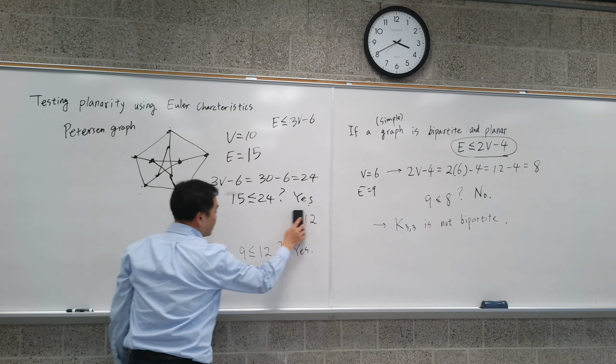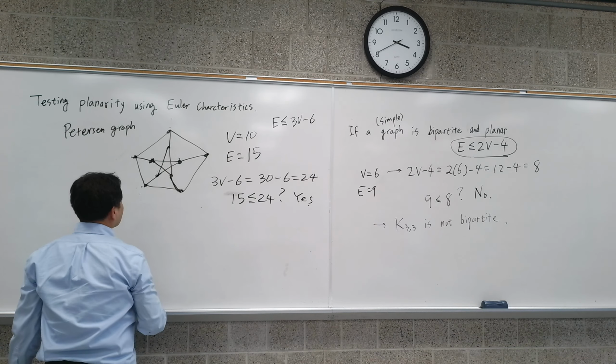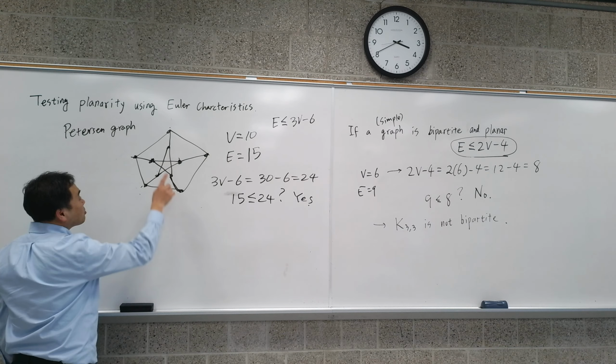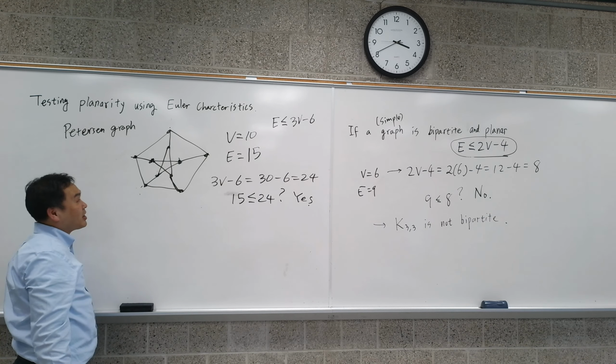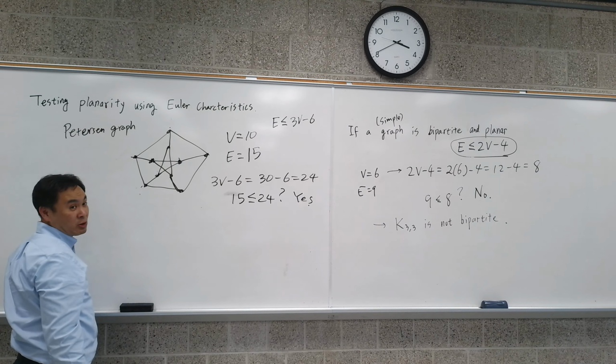Instead, what you can do is show that there is a subgraph like K33.